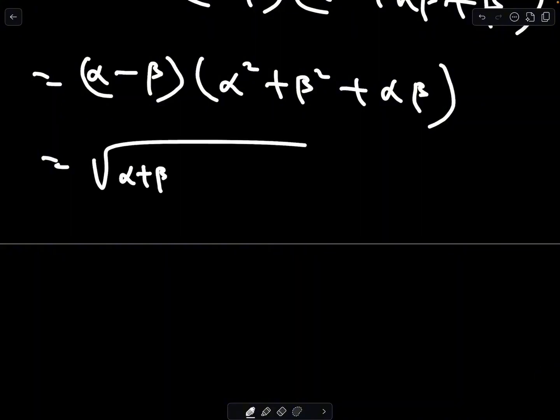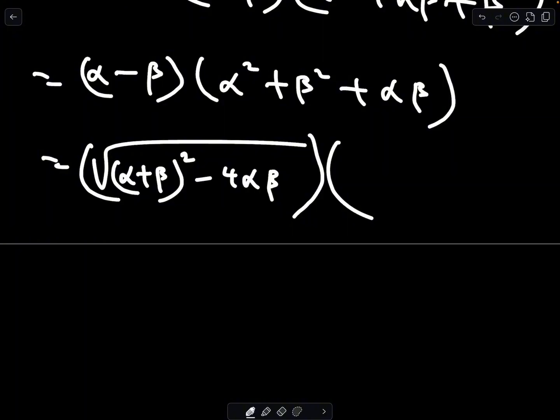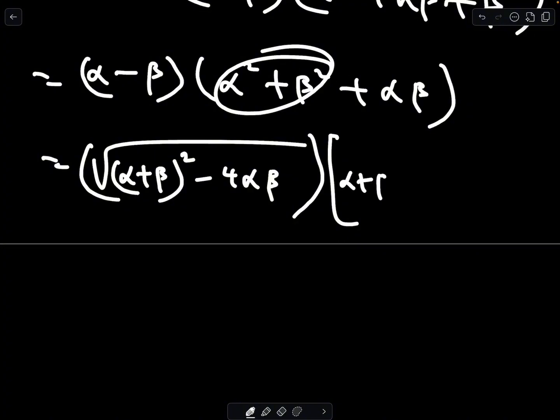And I know that alpha square plus beta square is alpha plus beta all square minus 2 alpha beta.